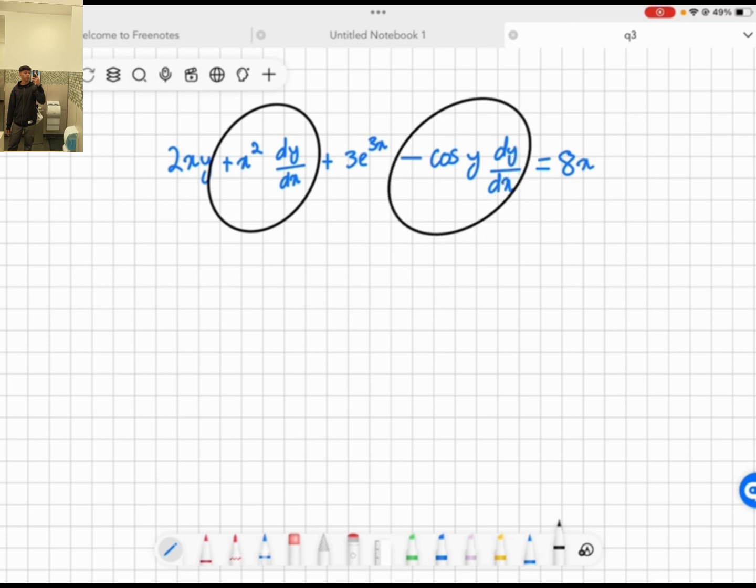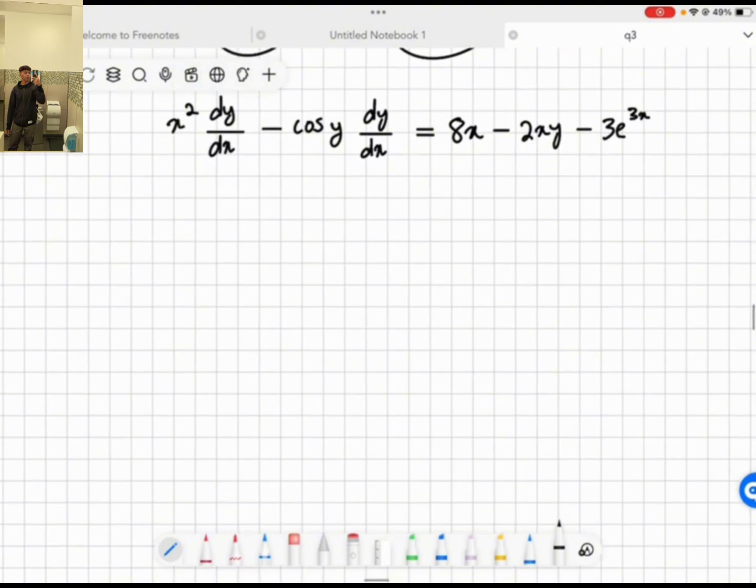Next, collect the terms with dy over dx on one side of the equation. So it will be x squared dy over dx minus cos y dy over dx equal 8x minus 2xy minus 3e to the 3x. And then we can factor out our dy over dx.